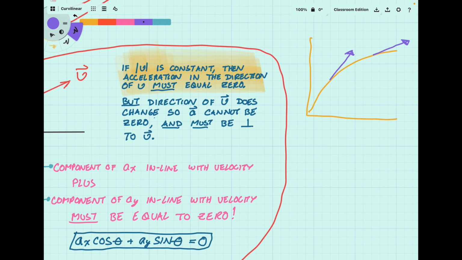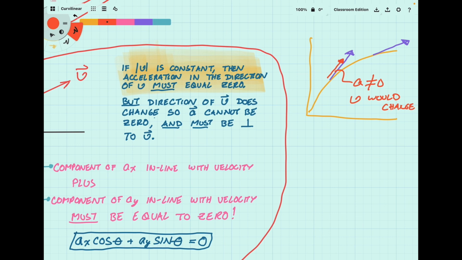But since the magnitude is not changing at any instant, the component of acceleration that lies along the same direction as the velocity, tangent to the path, has to be 0. If that were an acceleration vector that did not equal 0, then velocity would change. It could not be constant. That's just a definition of velocity and acceleration.